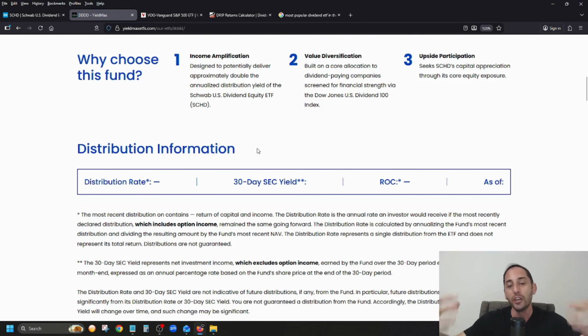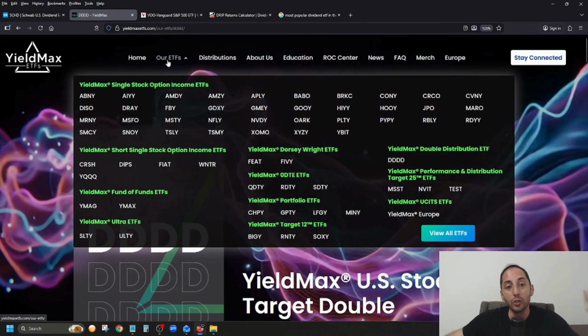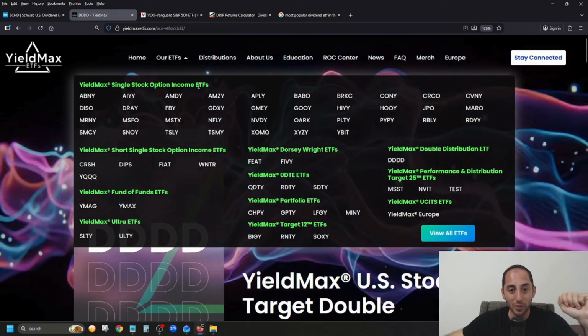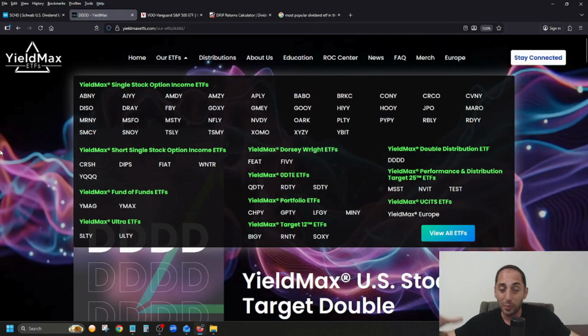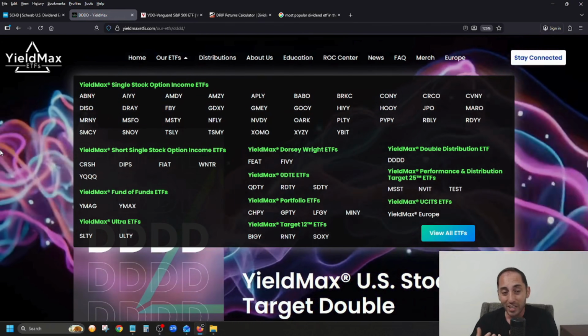So you're going to participate, how could I say this, more in SCHD's upside than maybe the more classic YieldMax ETFs, like the single stock option premiums, where you could see these 20, 30, 40 plus yields. This is only 3% extra yield. So obviously they don't have to do too many covered calls to generate that.